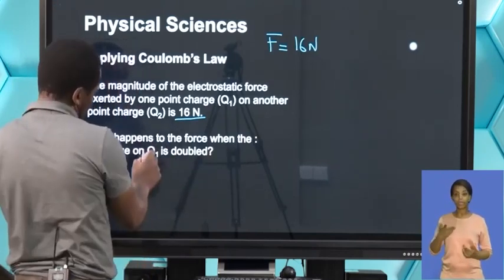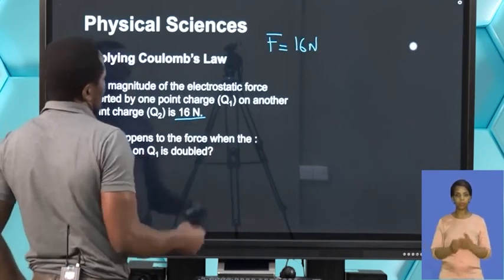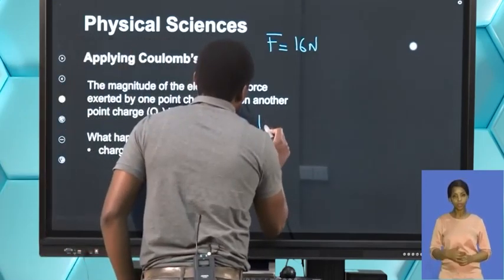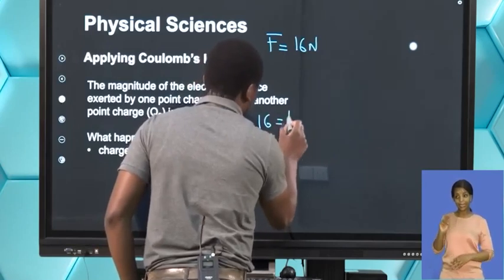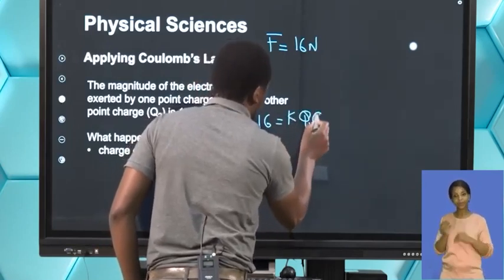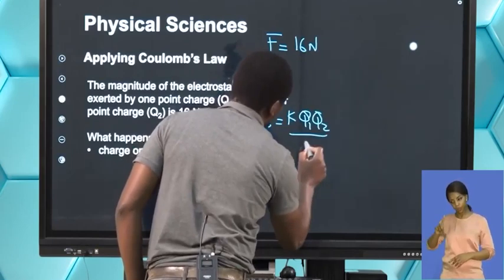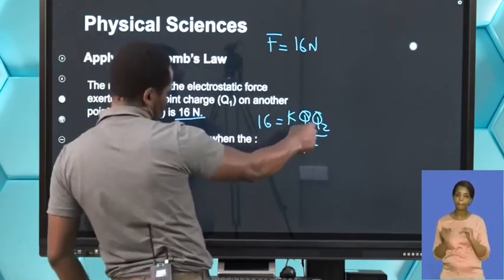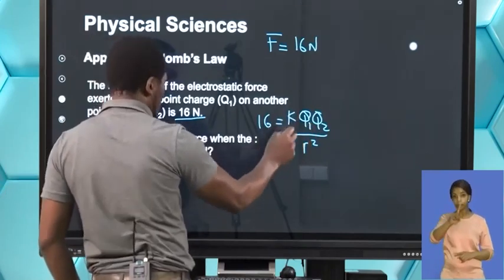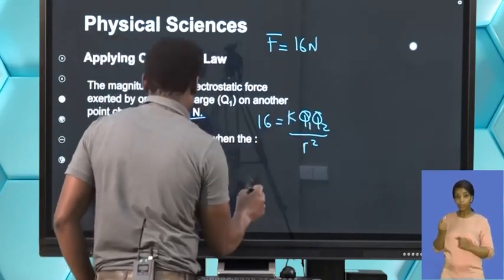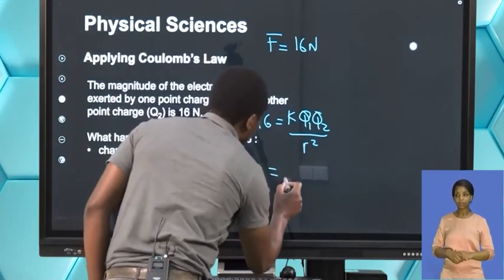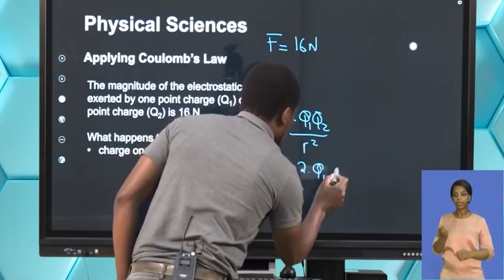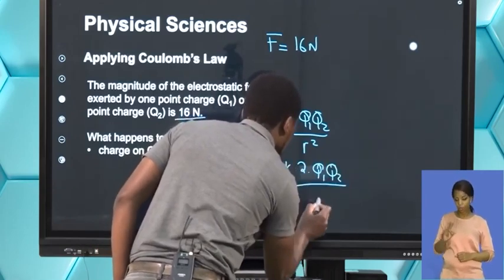Now, if we double Q1, in other words, we are saying that 16 newtons is equal to K Q1 Q2 over R squared, whatever Q1 and Q2 are. The assumption here is that we keep the distance the same. So if we double Q1, we'll have K times 2Q1 Q2 over R squared.